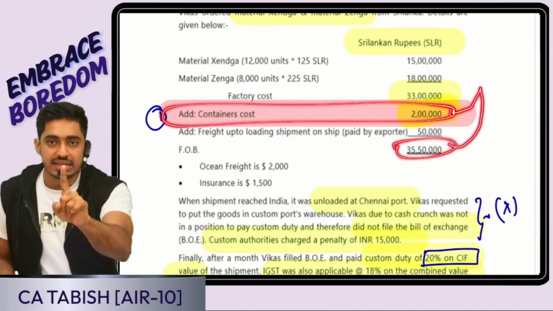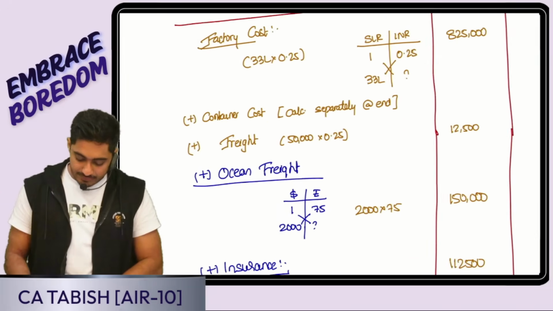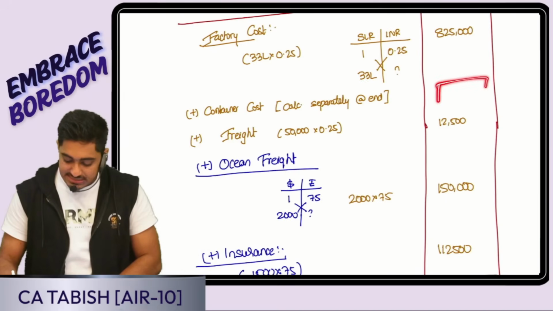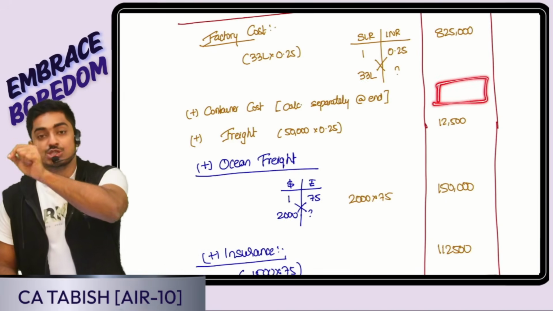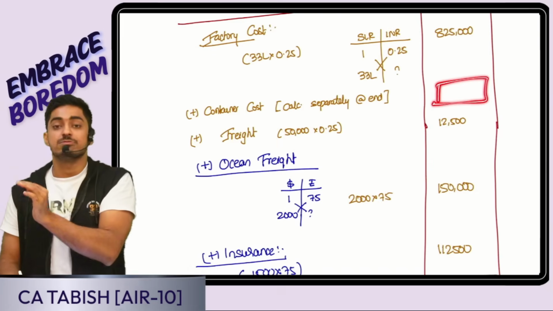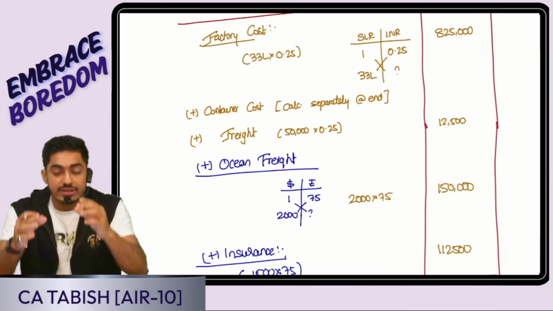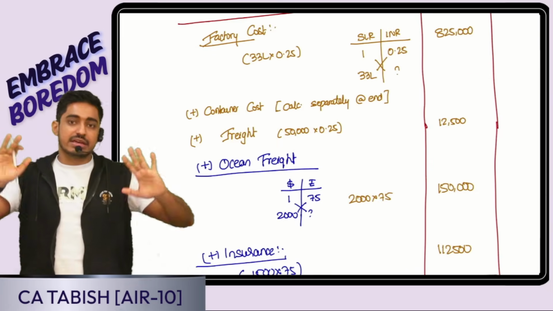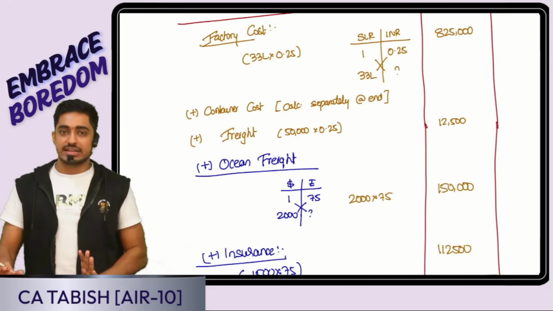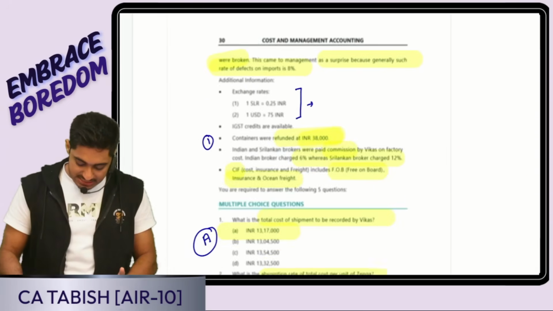So technically, when I am calculating my FOB as well as CIF, container cost here I should have shown, refund I should have reduced and only net cost I should have shown. Because in the institute's question only, when they are showing FOB, they are showing it there. But in the solution, they have not done it that way. That is one mistake. Okay, apart from that, things are perfect.